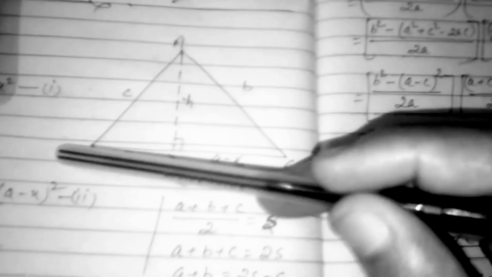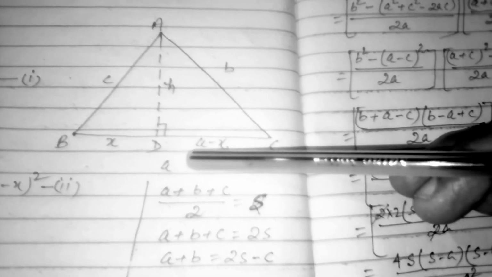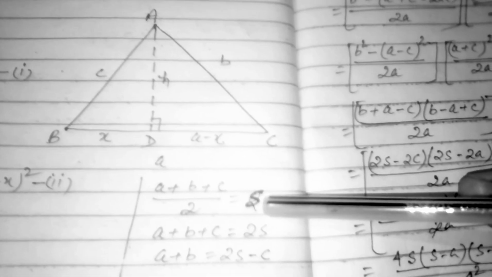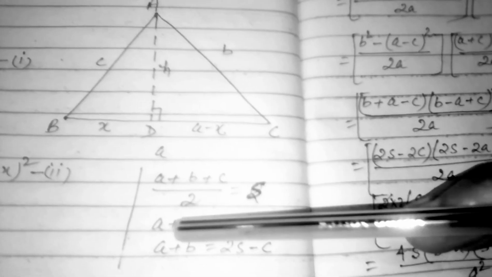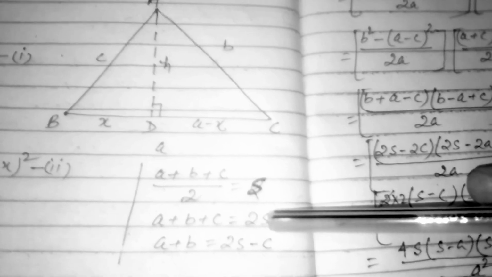Now in triangle ABC, we know that sum of three sides of a triangle will give the perimeter, and when perimeter divided by 2 will give semi perimeter, and semi perimeter is S. Then we can write a plus b plus c is equal to 2s.